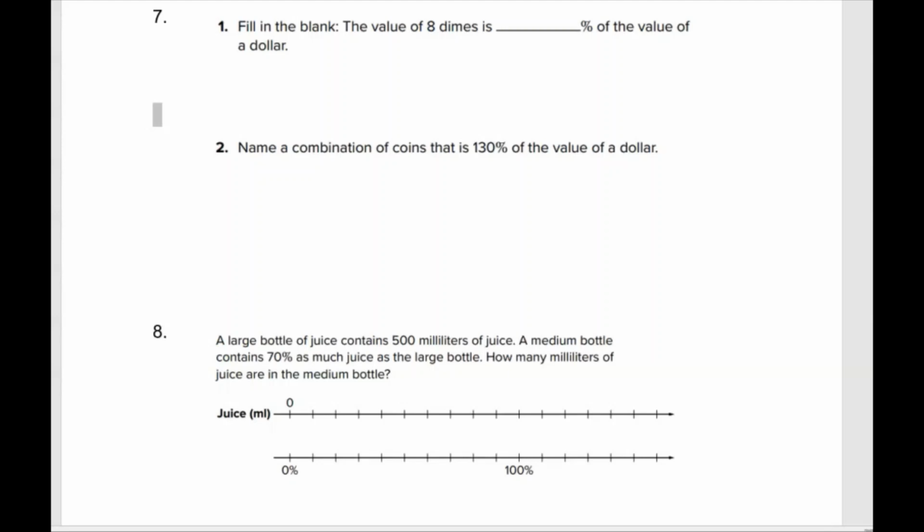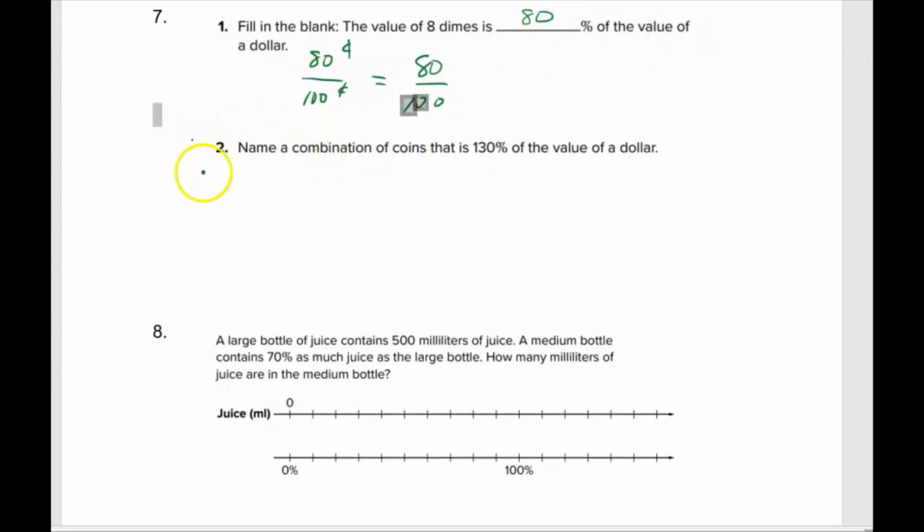So 8 dimes is 80 cents. And in a dollar, there are 100 cents. Okay, well, luckily for us, remember, percents are out of 100. So it looks like if I had 80 out of 100 cents, that is 80 out of 100%. So 80% of the value of a dollar.